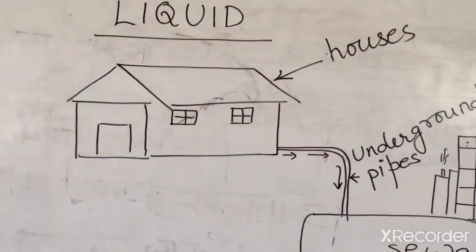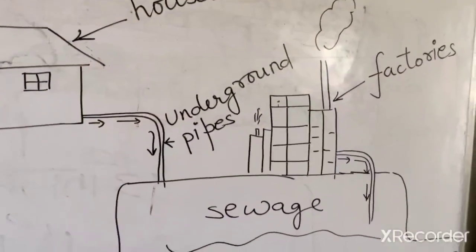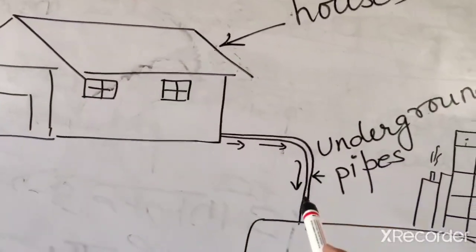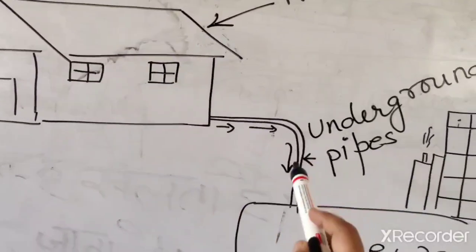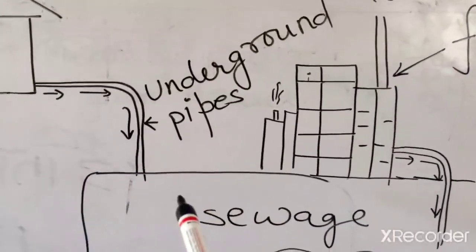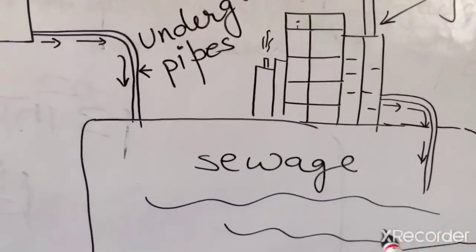From our houses or from factories, with the help of underground pipes, the waste water goes into a main sewage.